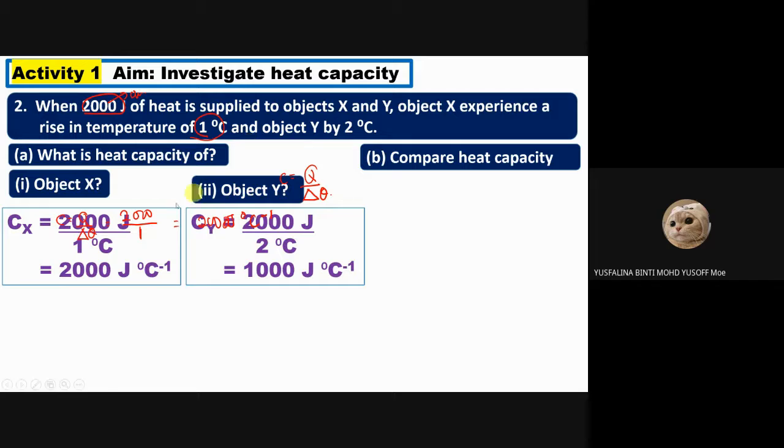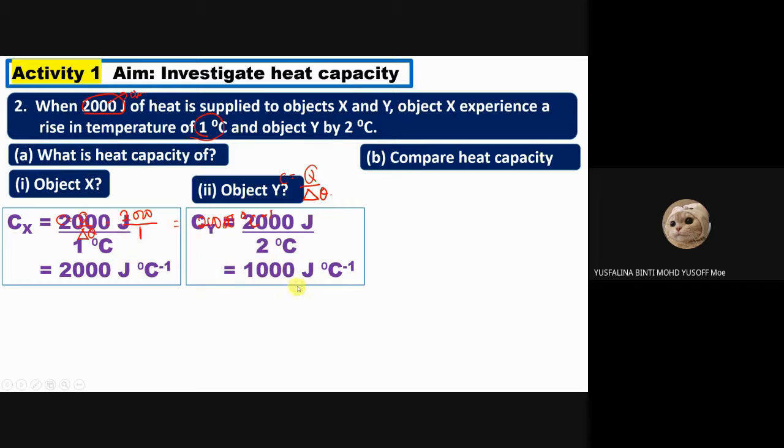For heat capacity Y 1000, you can see it increases 2 degrees Celsius. For object X, even if you give 2000 joule, the same amount of energy, it can only increase 1 degree Celsius. So that means X has a higher heat capacity than object Y.